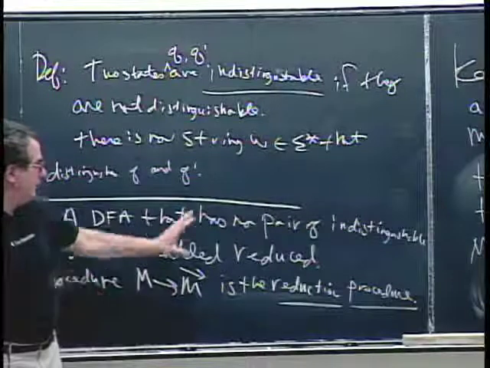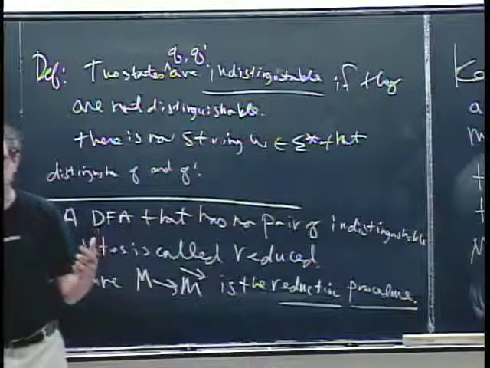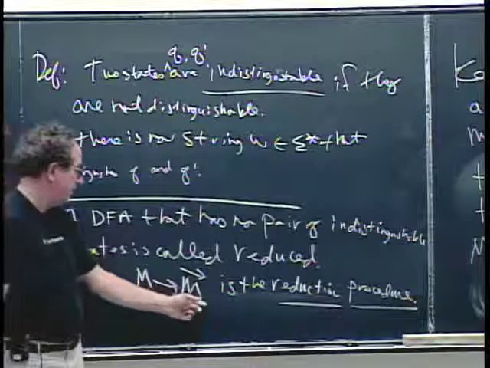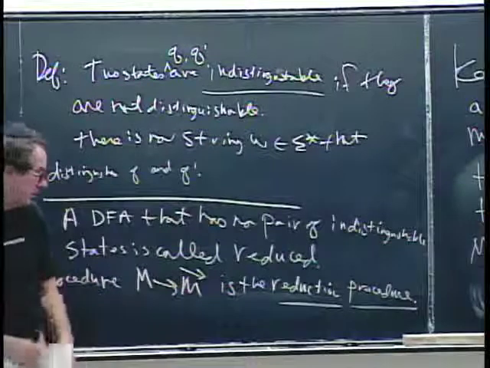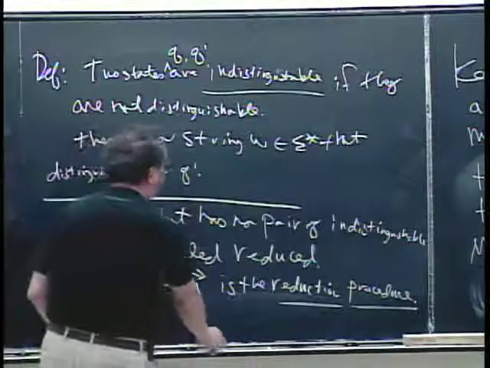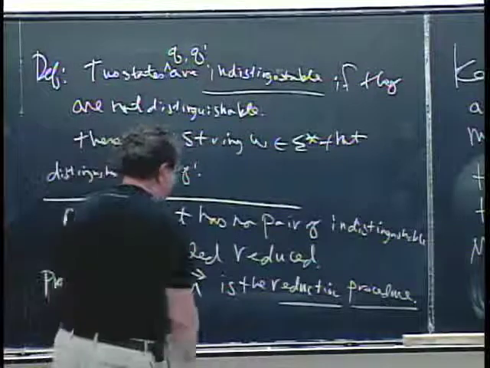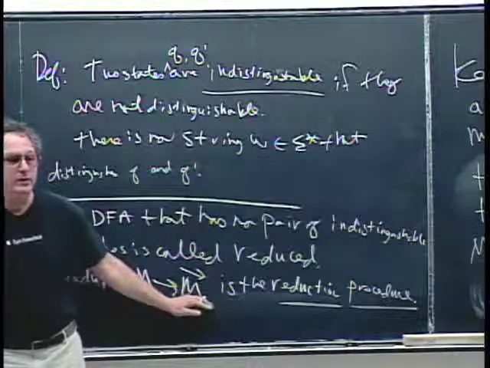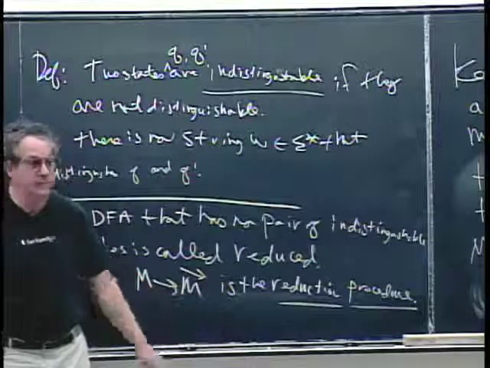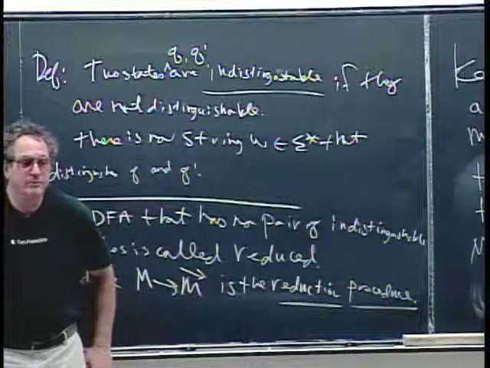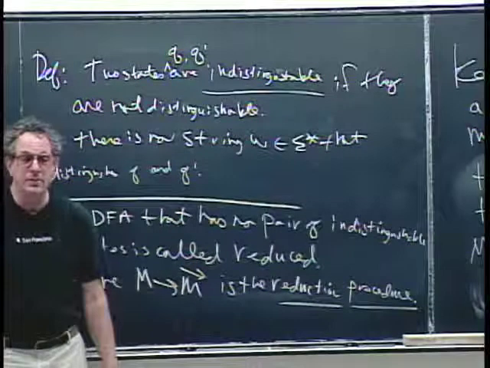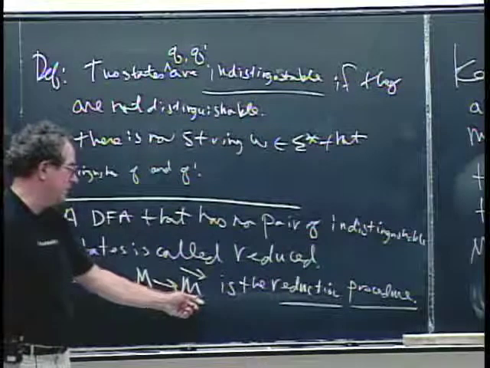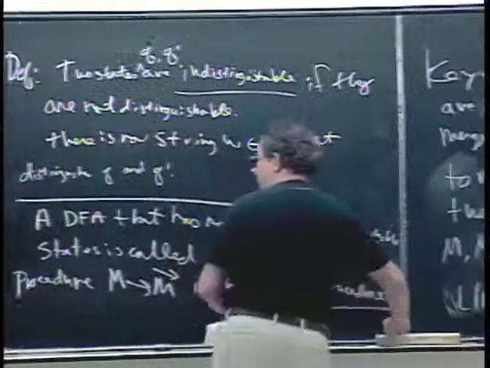But if you can recognize that two states are indistinguishable, then this merging and creating of M tilde is pretty straightforward. And what I claim, and what we'll prove, is that M tilde, this DFA, is in fact the DFA that has the minimum number of states of any DFA that recognizes the same language that it does. Okay, so I'll write that up.